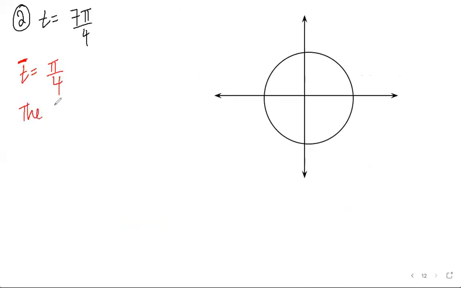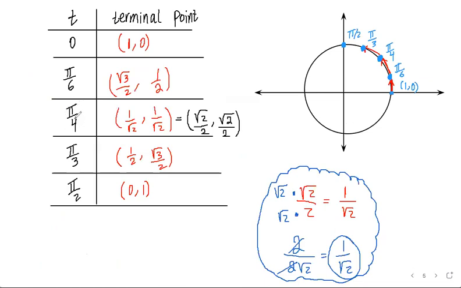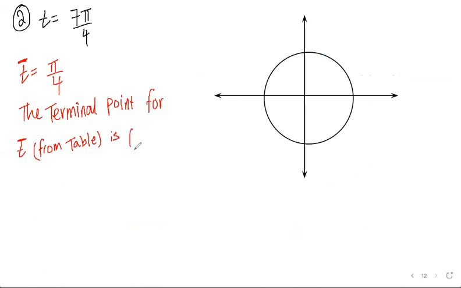The terminal point for t bar is from the table. Pi over 4 is square root of 2 over 2 and square root of 2 over 2, or 1 over square root of 2, comma 1 over square root of 2.